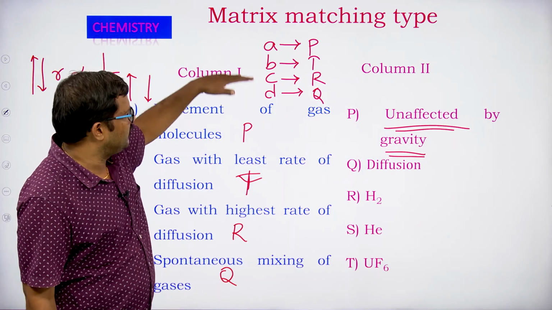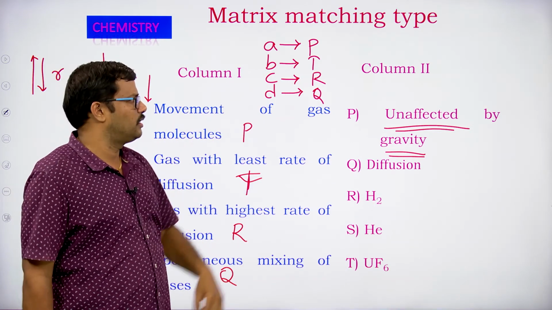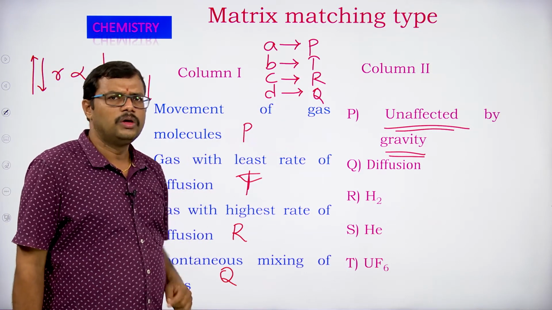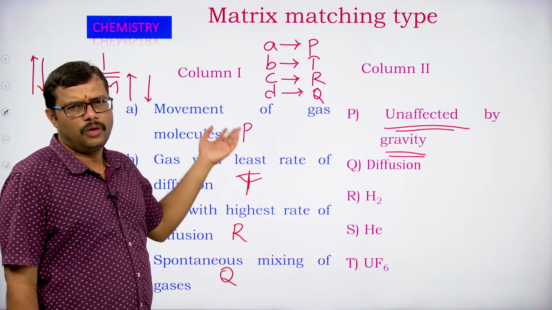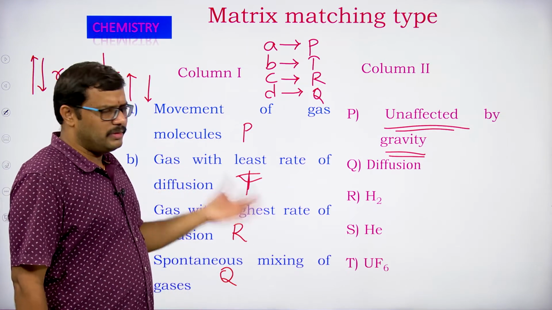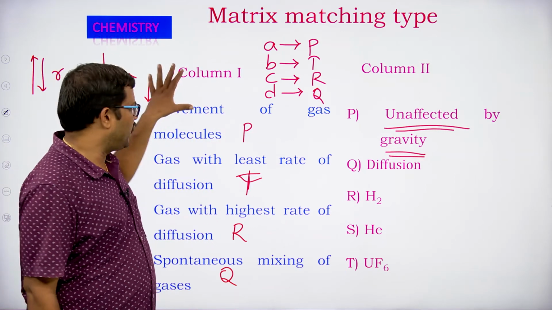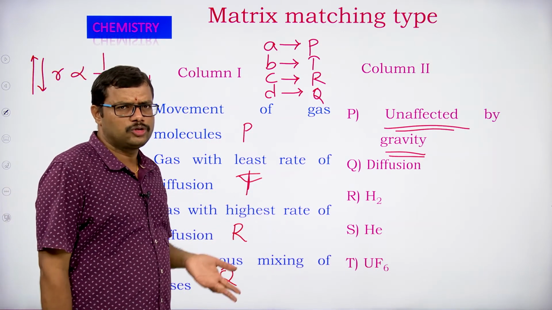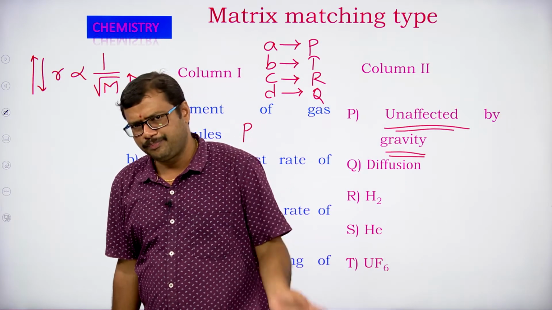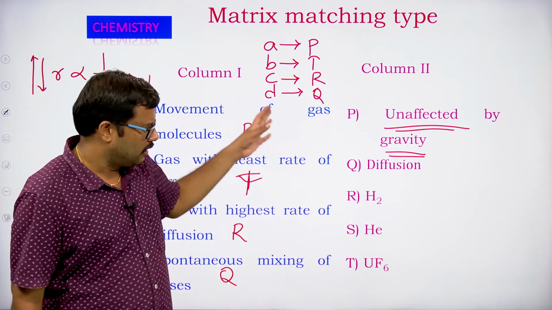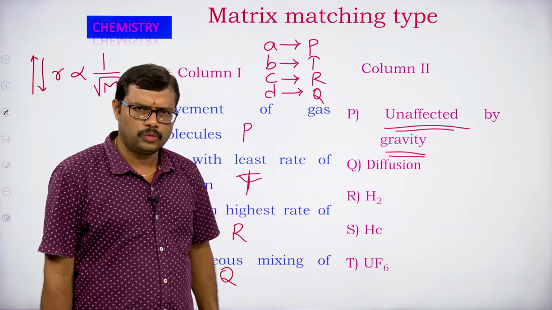So we can correlate A, B, C, D. A is correlated to P, B is correlated to T, C is correlated to R, D is taken to Q. You can clearly observe the parameters given and then decide how to match them. And there are some instances where 2 parameters will be coming onto the same parameter given in column 1. So that may also be possible. Depending upon the given options, you have to carefully select the correlation between the parameters given in column 1 and column 2. Okay.